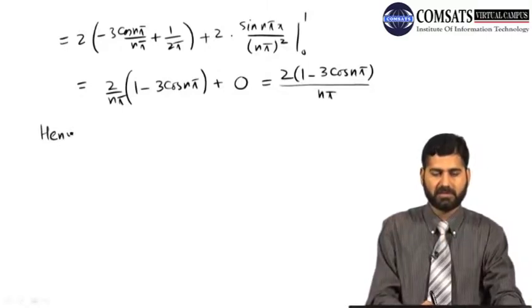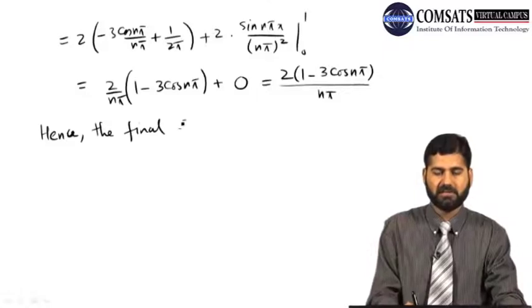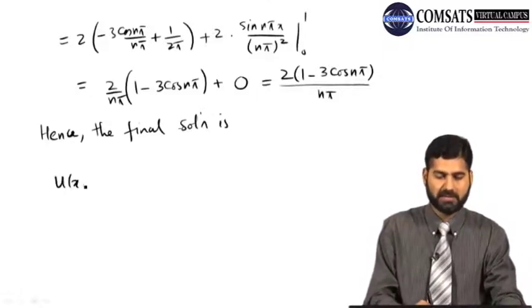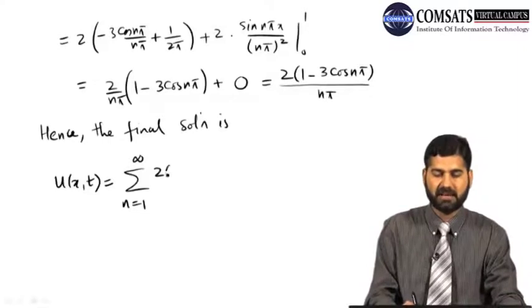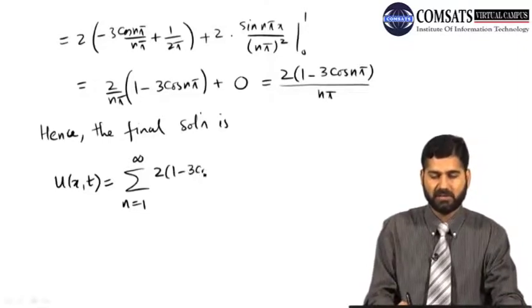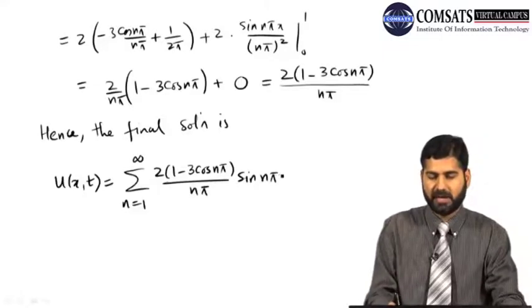Hence the final form of the solution is u(x,t) is equal to summation n goes from 1 to infinity, Cn comes out to be this one, and sine n pi x e to the minus n pi square t.